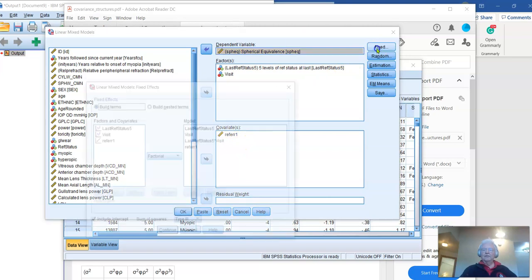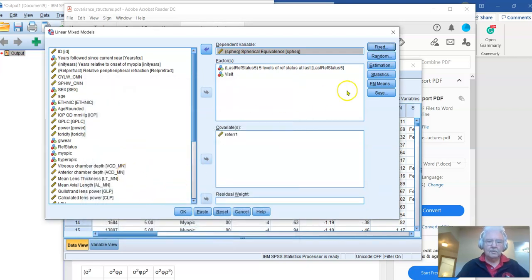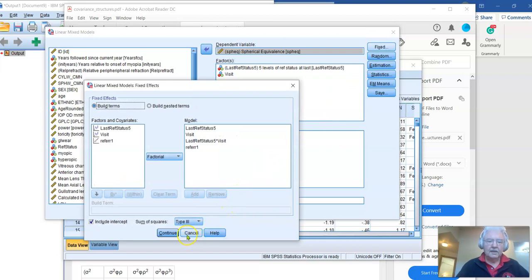In our fixed model, or fixed factors, what I do is I highlight the non-covariate terms, and then I send those over. Let's go in and do that again. Let's get rid of all these so you can see how that goes. So I'm going to just pick the two.